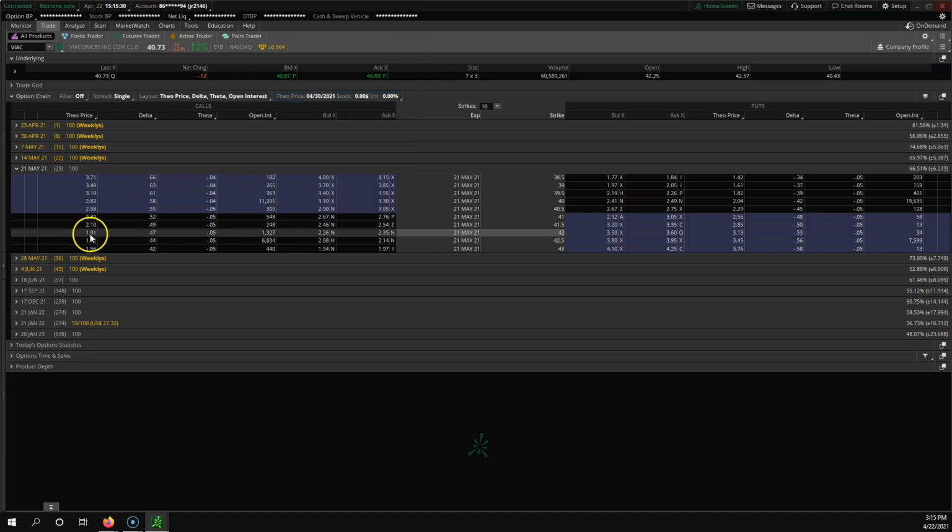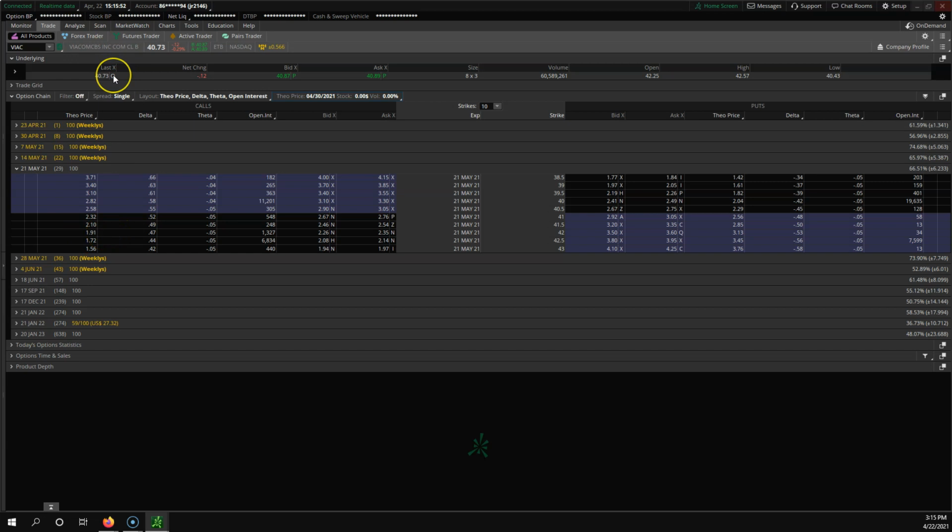So remember, what was worth $2.30 is now only worth $1.90, which is 40 cents lower. So that's a good way to go, oh wow, if I bought that and the stock doesn't move, I'm going to lose about 40 cents. But if I sold that, I would make 40 cents if the stock doesn't make a big move, right?